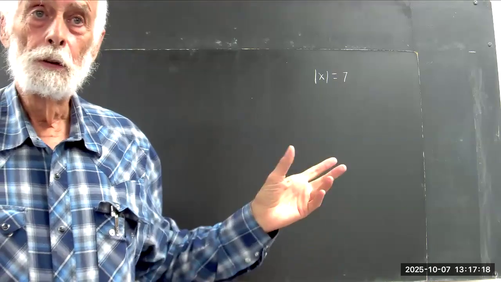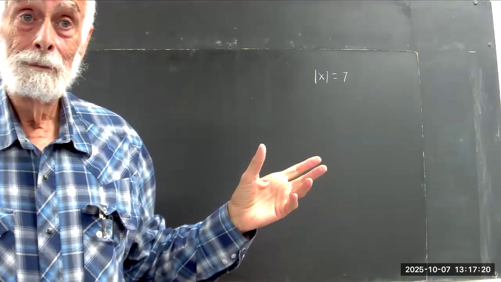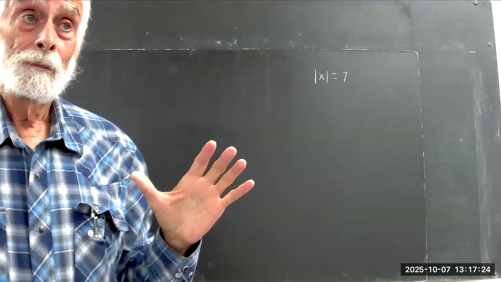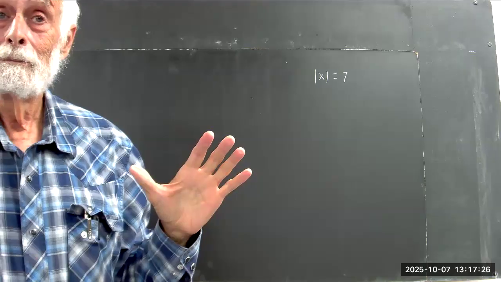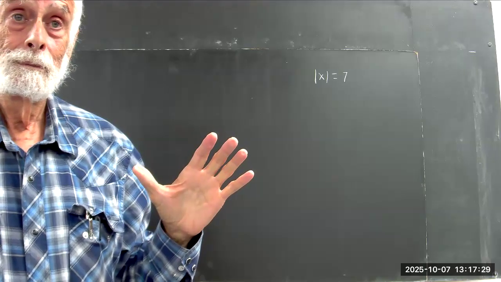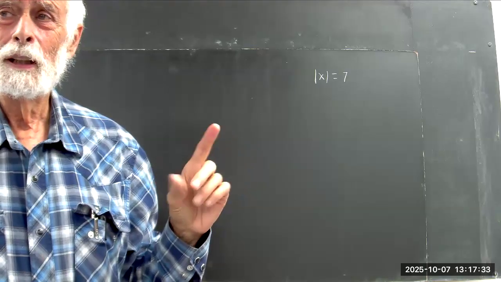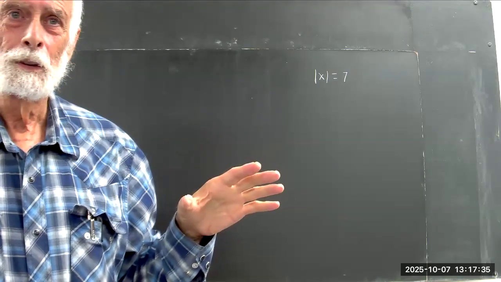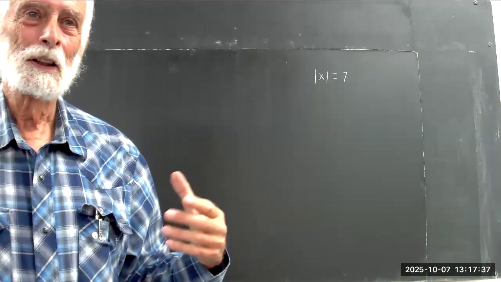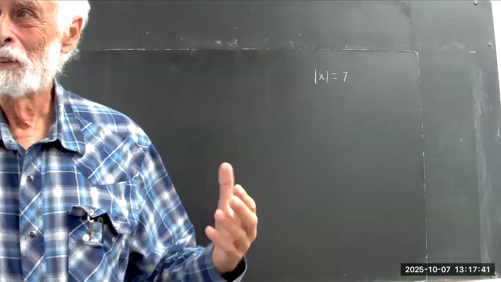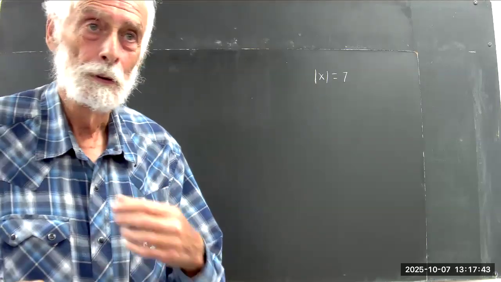Can everybody show me with your fingers a solution to that equation? Okay, I'm seeing 7. Any other solutions? I think someone is trying to tell me -7, which is true.